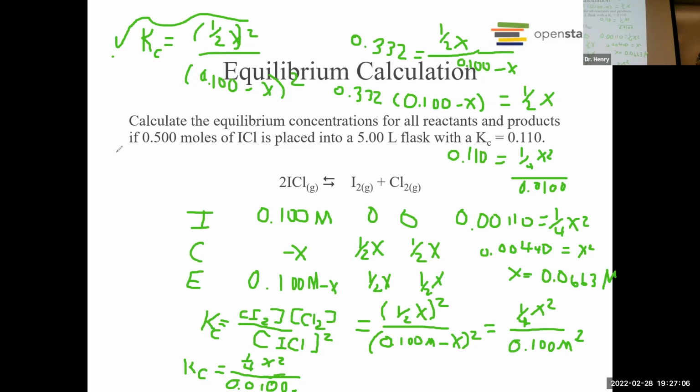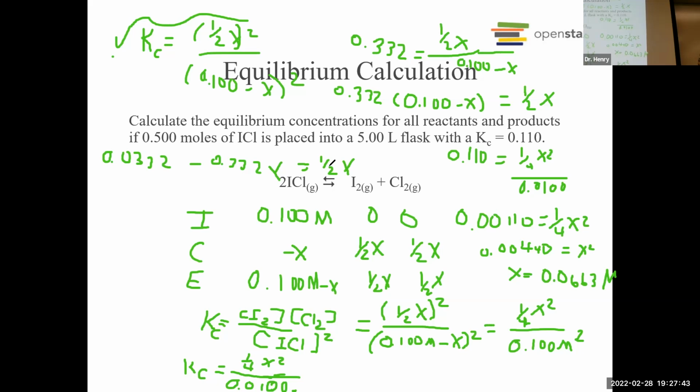So then we have 0.0332 minus 0.332x equals 1/2 x. So then we solve for x.